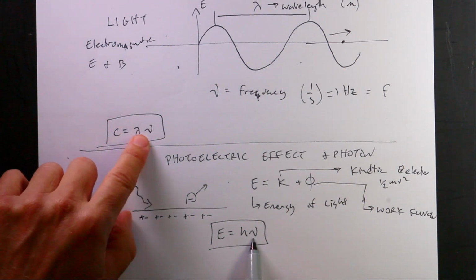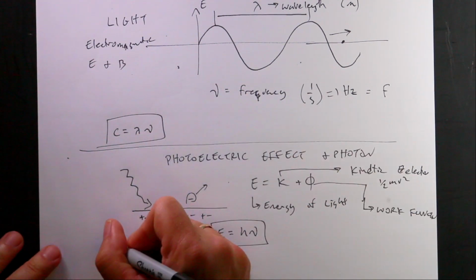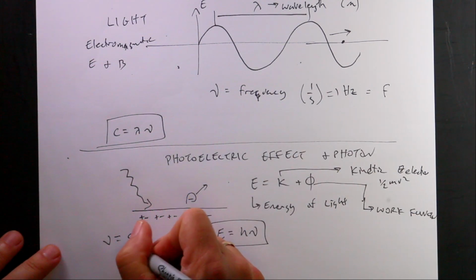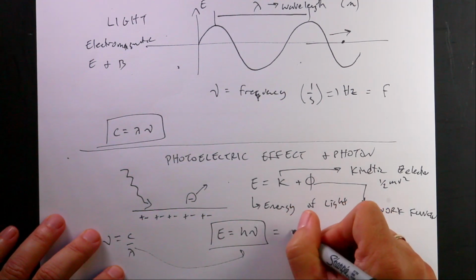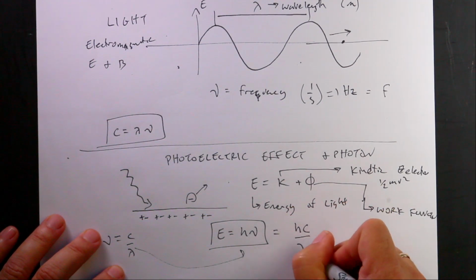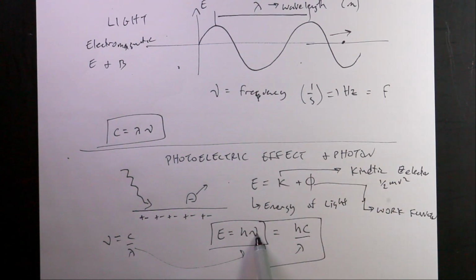Now, if I use this up here, I can solve for nu equals c over lambda. And if I put that in up here, I get this is also equal to hc over lambda. So you have two ways to calculate the energy of a photon: the frequency times Planck's constant, or the speed of light times Planck's constant divided by the wavelength. But they're all the same thing.